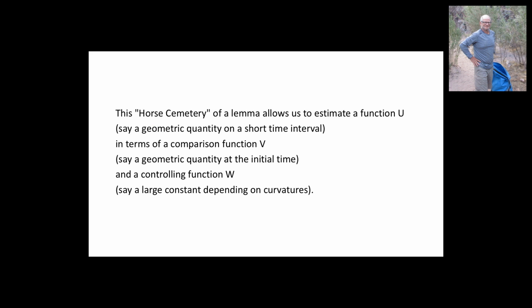What it allows us to do is to estimate a certain function u, which might be, say, a geometric quantity on a short time interval. We can estimate this in terms of a comparison function V, which might be a geometric quantity at the initial time, and a controlling function w, which might be, for example, a large constant that depends on the curvature.